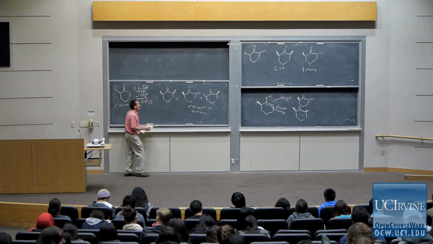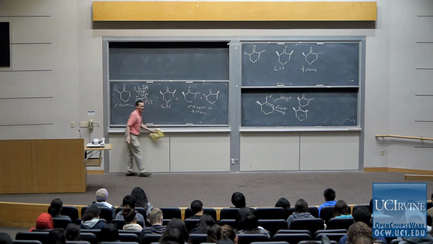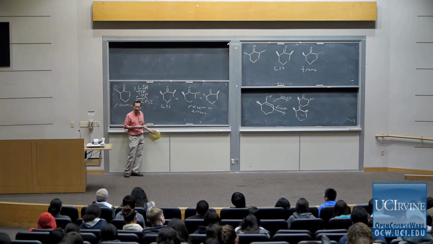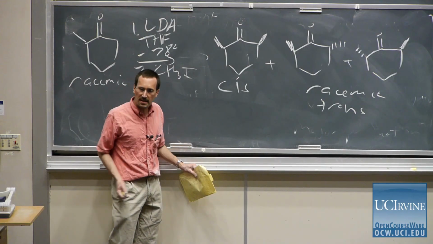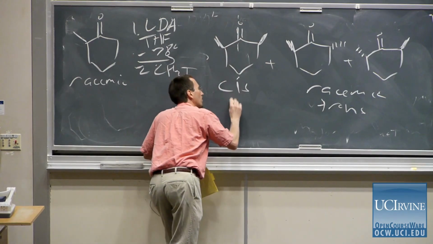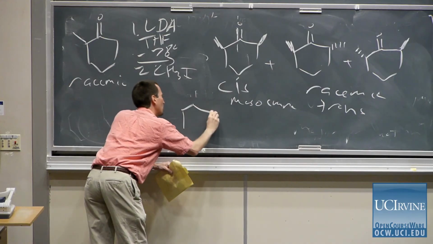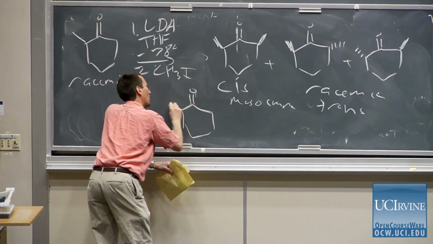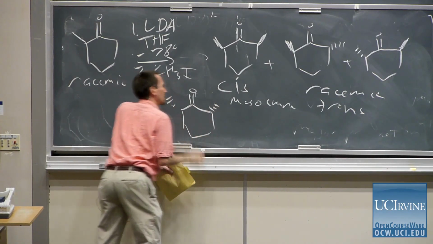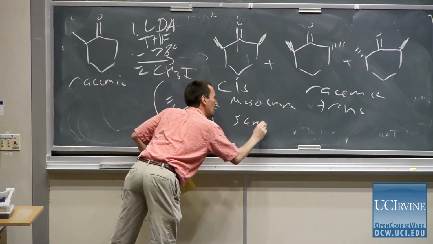In the case of the cis compound, if it adds from the same face, the cis compound is a meso compound. So in other words, whether I draw it like this or I draw it like this is just the self-same thing.